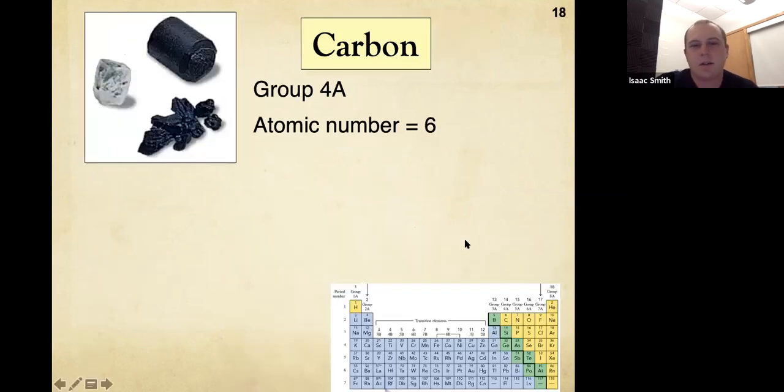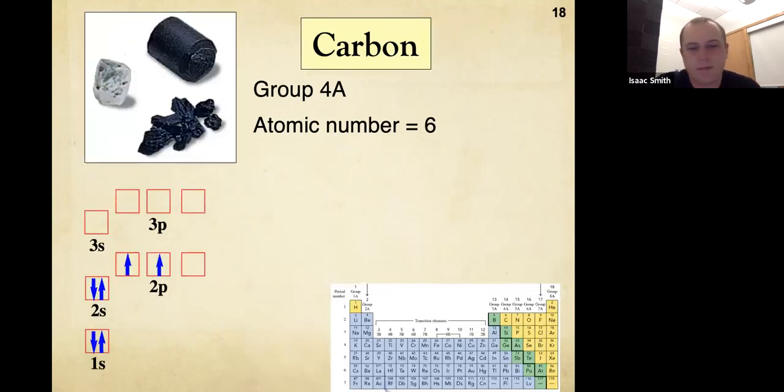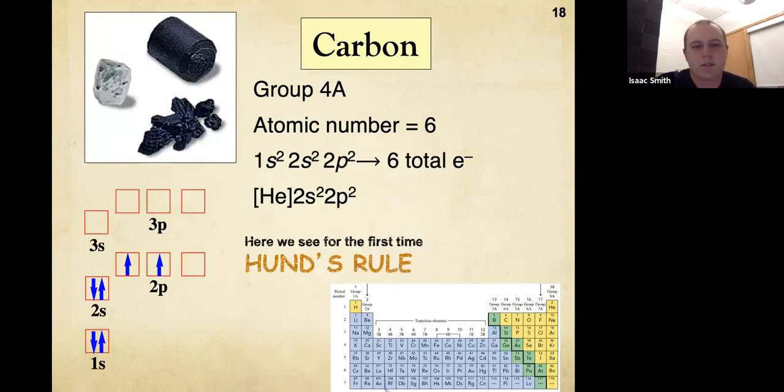All right, carbon is very similar, so I'll just kind of go through it. But here's another example of Hund's rule, right? You're not going to draw carbon like this. You might be tempted to do this: you've drawn out your orbitals, and then you say carbon has 6 electrons, 1, 2, 3, 4, 5, 6, right?